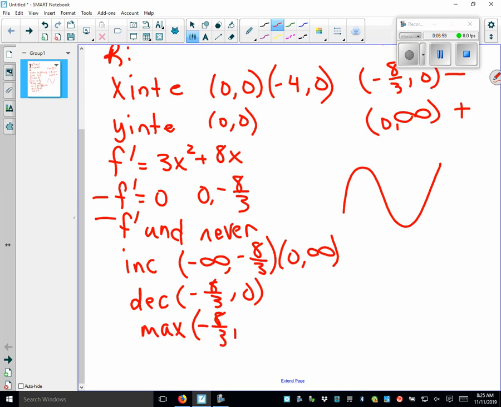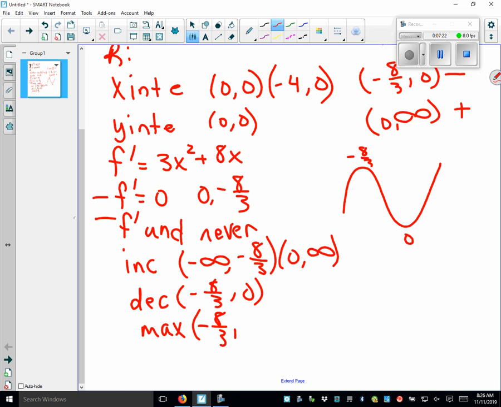Did you say it's increasing to negative 8/3, decreasing to 0, and increasing? So isn't the max at the x value of negative 8/3?